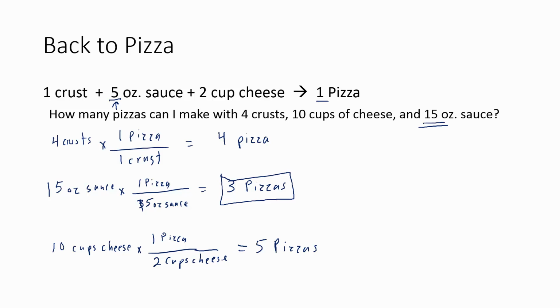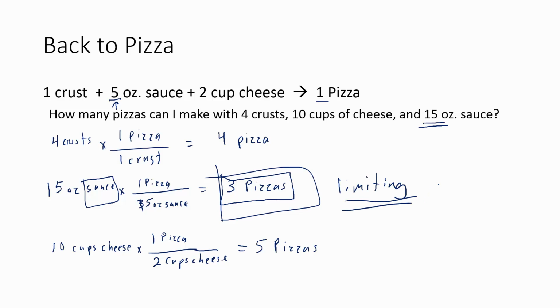I may have cheese still, but I don't have any more sauce. So 3 pizzas is the most I can make, and we can say that the sauce is what's limiting my reaction. Okay, and we refer to that as the LR, or the limiting reactant.